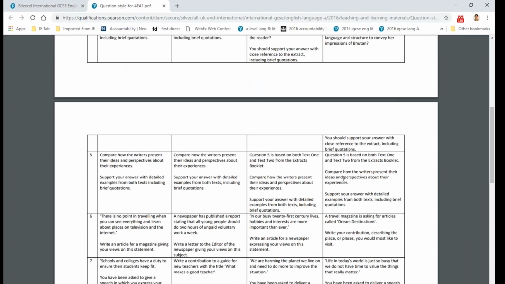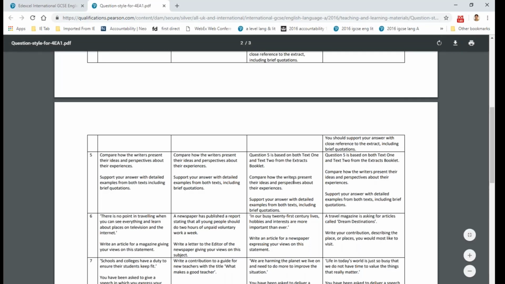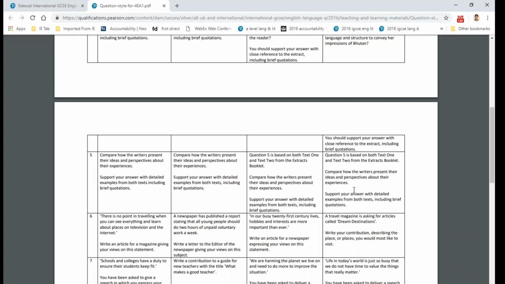It's exactly the same every season, every series. Compare how the writers present their ideas and perspectives about their experiences. I think when I was speaking before, I said something about the focus of the question, which is actually inaccurate. There's no focus to this question. It's a straight comparison. There's always a specific focus to question 4, but there's not a specific focus to question 5 other than comparison.